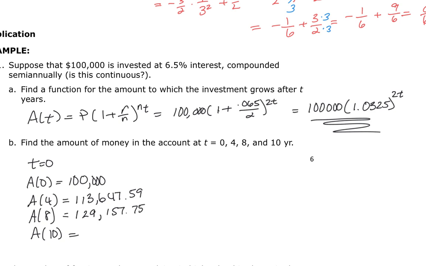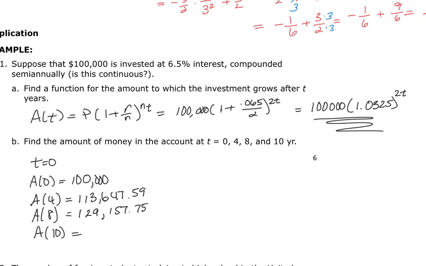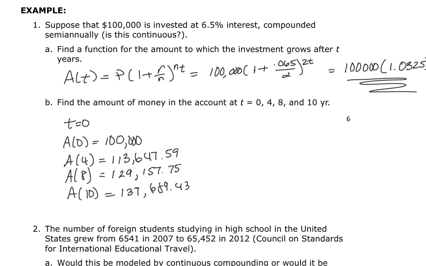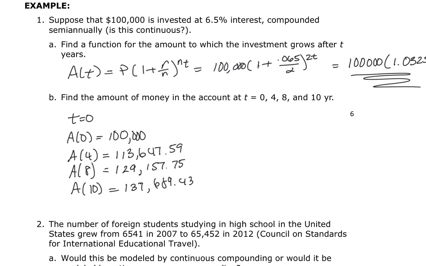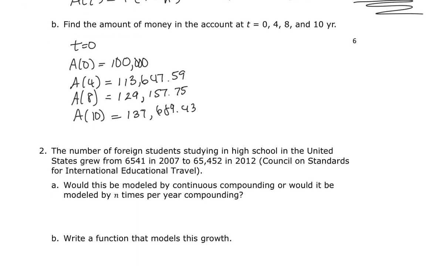And then when I put in 10, so if I let this run for 10 years, I have $137,689.43. So if I put this into an account compounded at 6.5% interest, in 10 years I will have made $37,000 doing nothing. But you know, I'm a teacher, so I don't have 100,000. But if you have 100,000, you could do this.